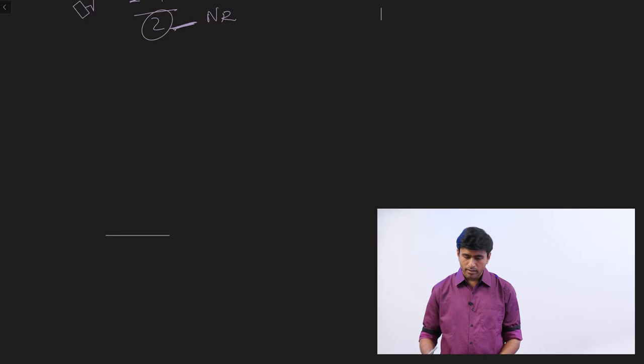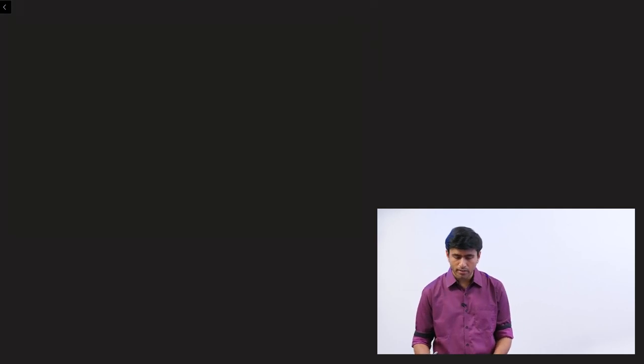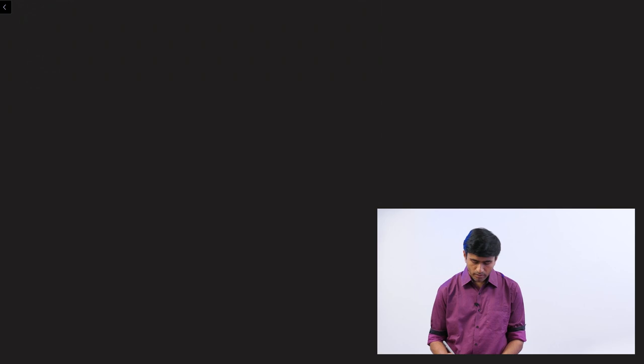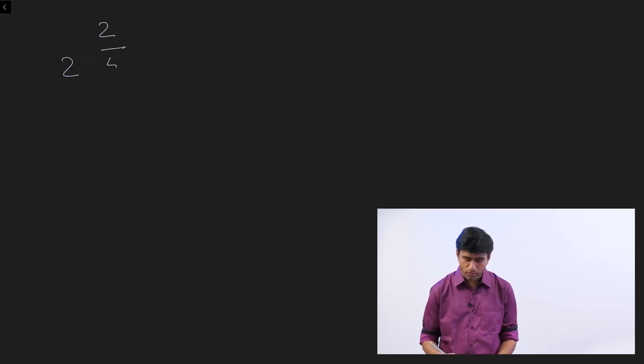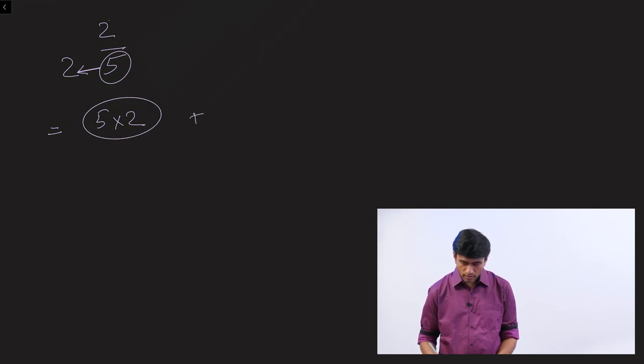Let's see how we can change a mixed fraction back into an improper fraction. 2 2 by 5. This is your mixed fraction. How do you make it into an improper fraction? This is what you do. To get the numerator of the improper fraction, multiply the denominator and the whole number. So the first step is to do 5 into 2. Then you need to add this to the numerator, plus 2.